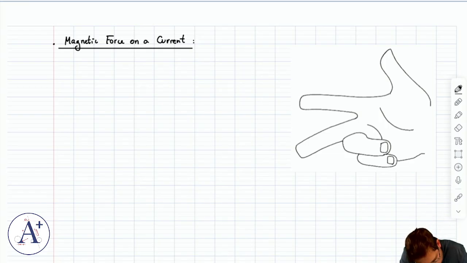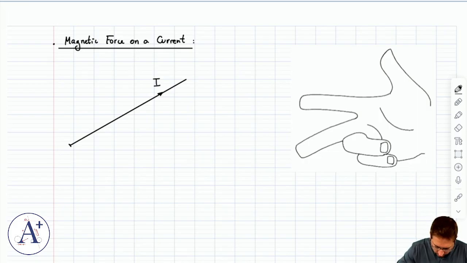Okay, so let's take current. This is a wire of current like this, current I. And this wire is placed in a magnetic field B. Now let's say that B points into the page. I don't know where it comes from, but I'm told there's a magnetic field B into the page, and it's the same everywhere.